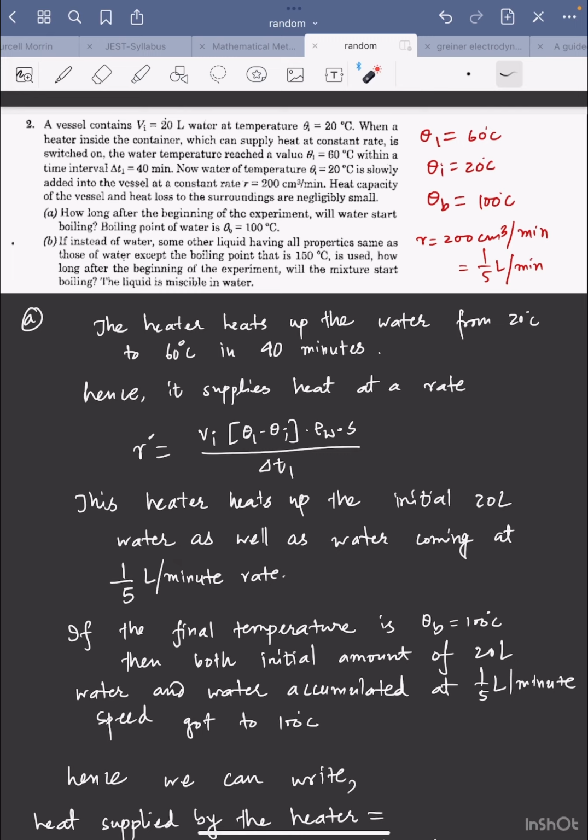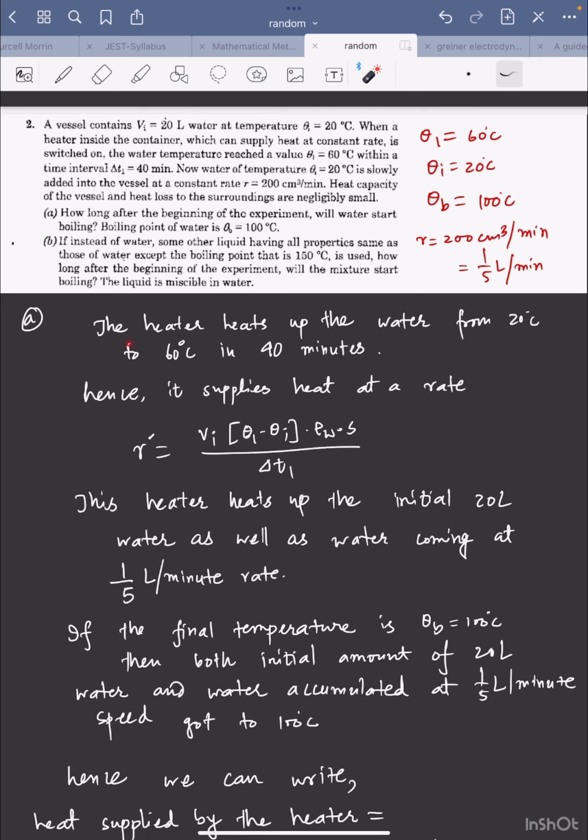For the first part, we can first see that after the initial 20 liter volume of water reaches 60 degrees centigrade, additional water is poured in at a rate of 1/5 liters per minute, and the heater is still on. So the heat provided by the heater heats up the water initially present, which is 20 liter, and also the water coming at a rate of 1/5 liter per minute.